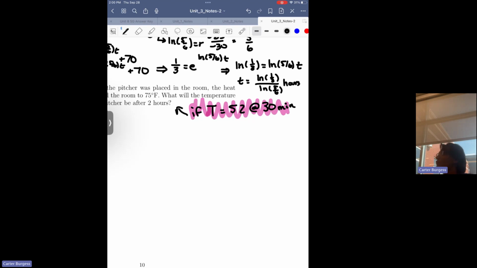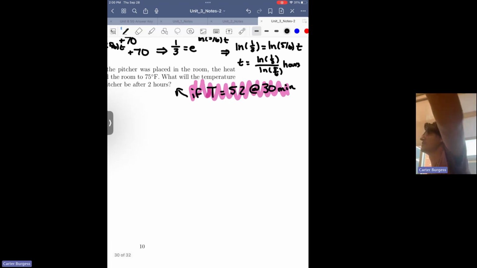Inside the logarithm. So for instance, I could split apart what I have here. I could write ln of 1/3 as ln of 1 minus ln of 3. Certainly could do that. We could write the denominator here as ln of 5 minus ln of 6. That would work. But I can't split apart anything else.